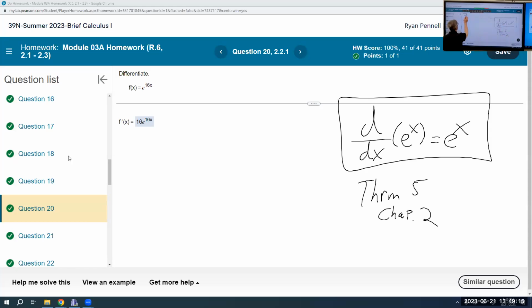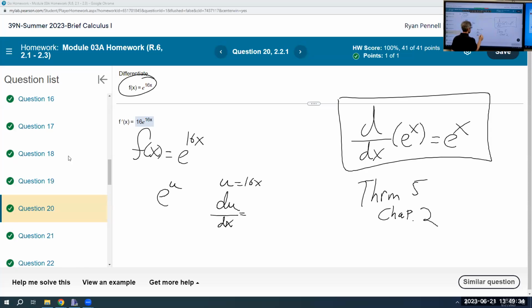So here we have f of x equals e to the 16x. It can be any real number. You can think of this as e to the u, where u equals 16x, and du dx equals 16. And I'm claiming that e to the u is just itself. It doesn't change.